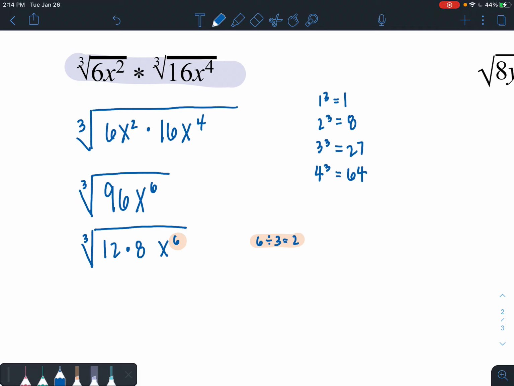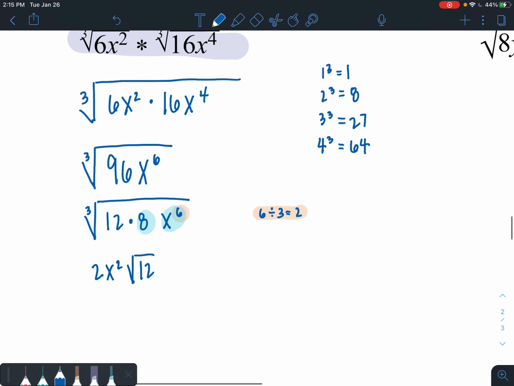So this 8 moves to the outside, so we get 2, and then this x to the 6th becomes x squared, and then that 12 stays on the inside. Okay, and don't forget your index. So that right there is our final answer.